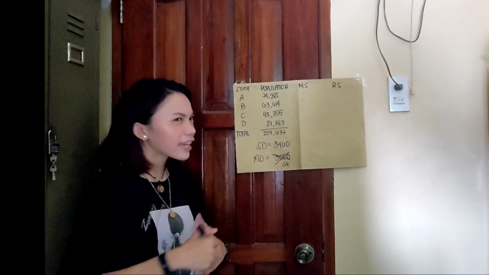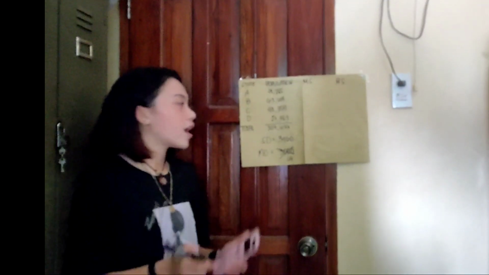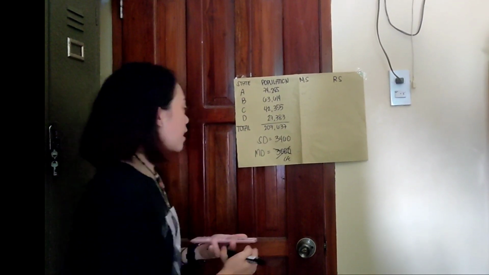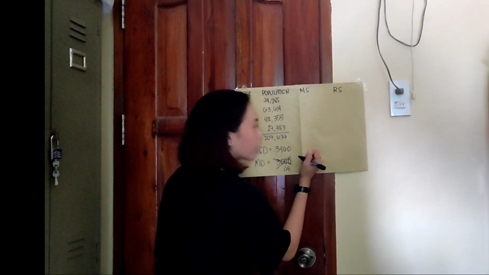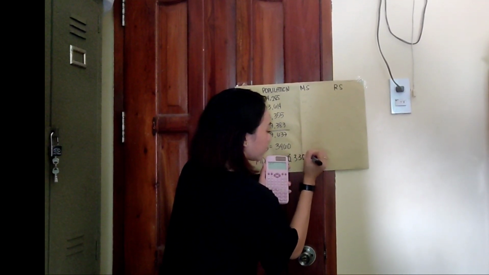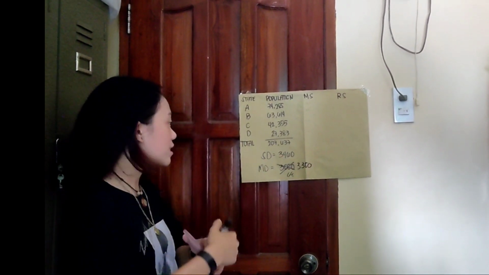So let's analyze another modified standard divisor, but less than 3,460. Let's say our modified standard divisor is 3,350. It is less than 3,460.